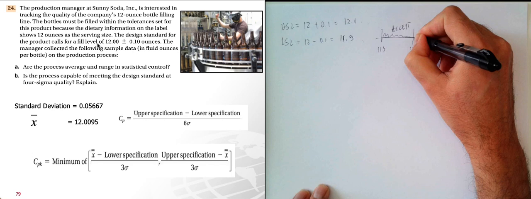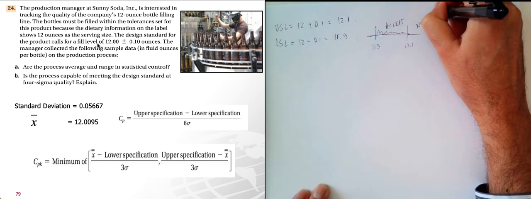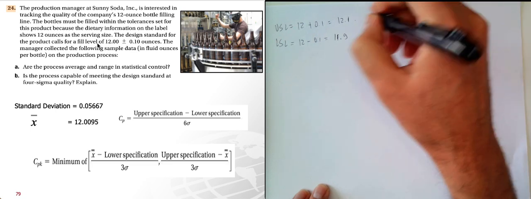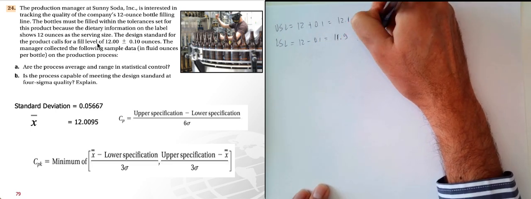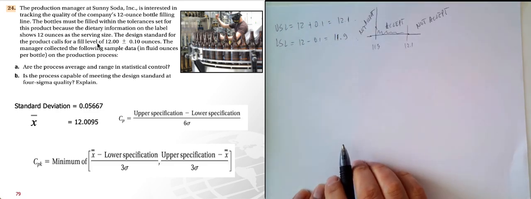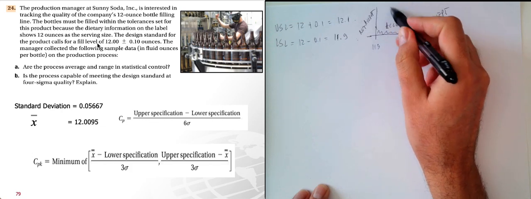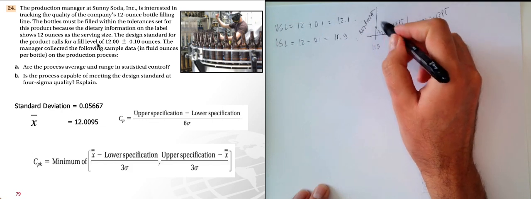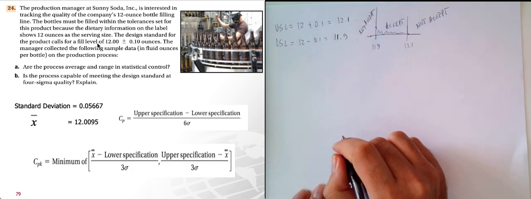Everything that's here, I'm not going to accept. Okay, that's what we're saying. And we need to know where our distribution is. It is here, right? So these are specification limits.